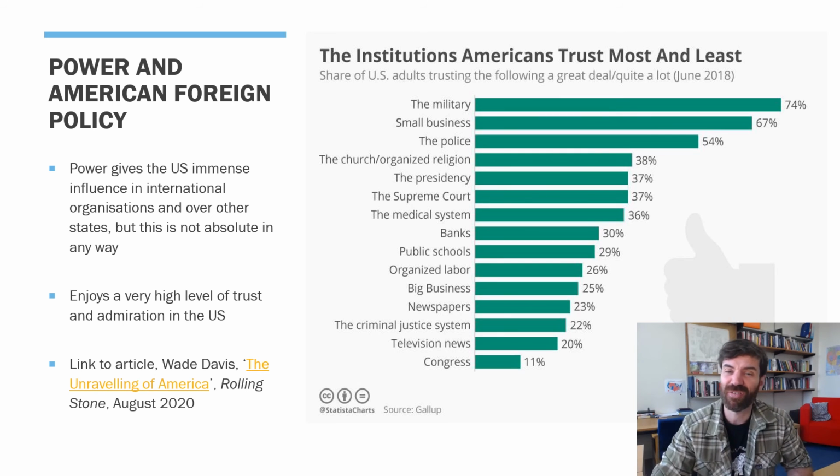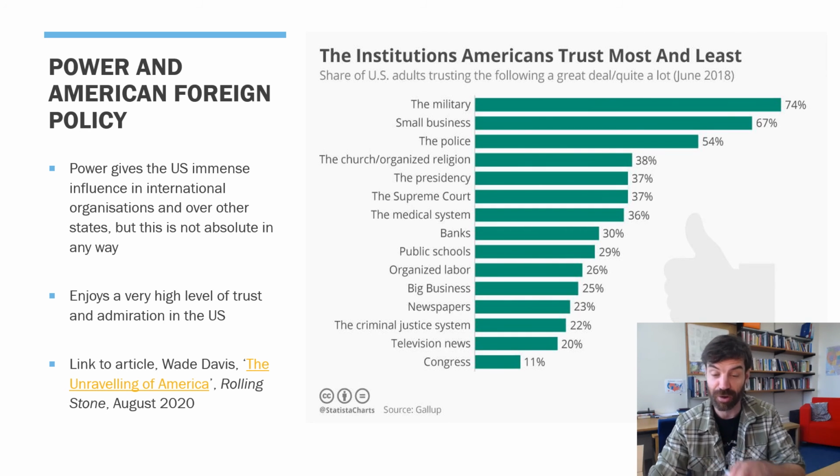Either way, the extent of American power gives the US military an exceptionally high standing at home in a domestic sense. And here, as we can see from data from 2018 on the slide, the US military was by far the most trusted and respected major institution in the country. It was certainly trusted more than Congress or the presidency.